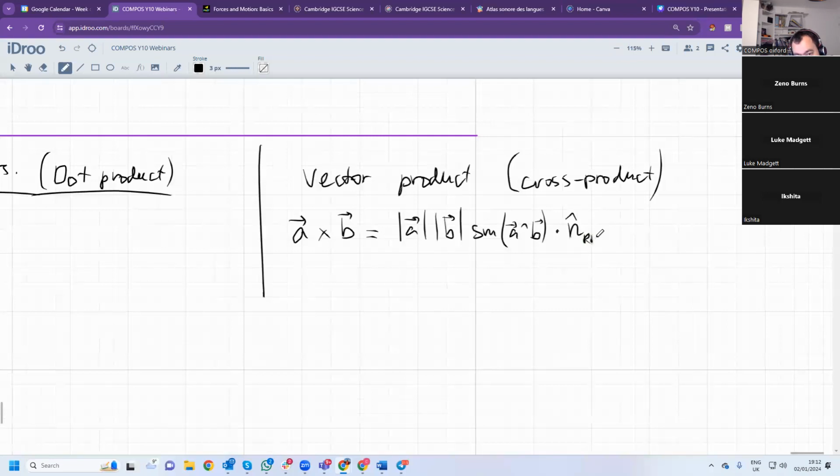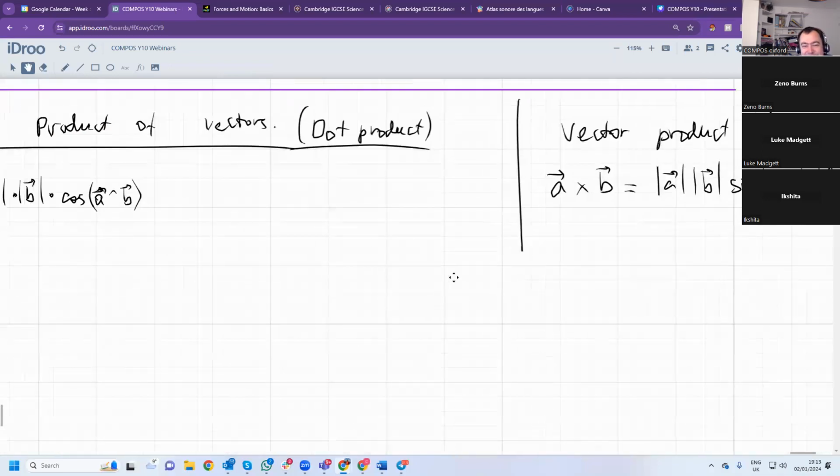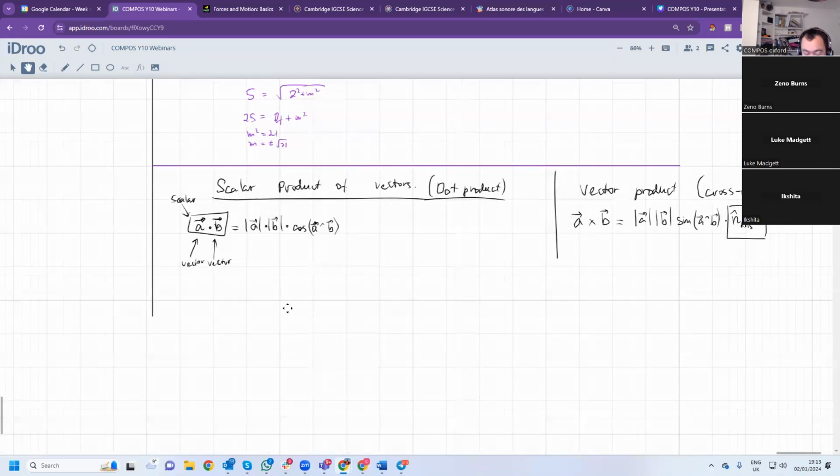It's a right-hand side triplet. I won't be able to explain what this is, because this addition explains why this is a year 13 topic and not a year 10 topic. Well, the dot product is not really a year 10 topic. I think it should be.